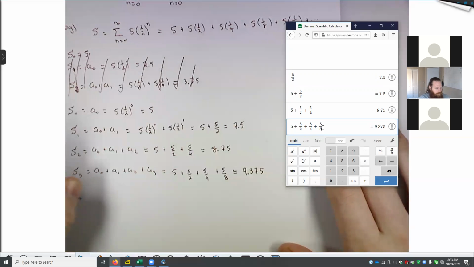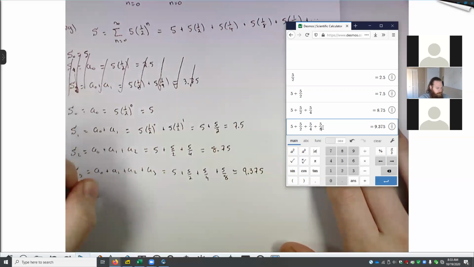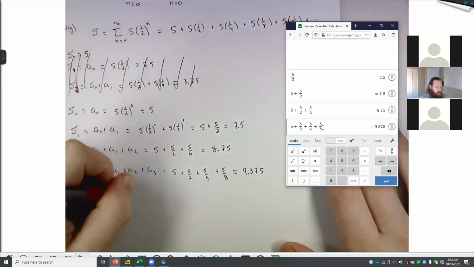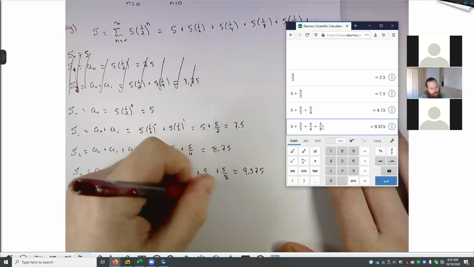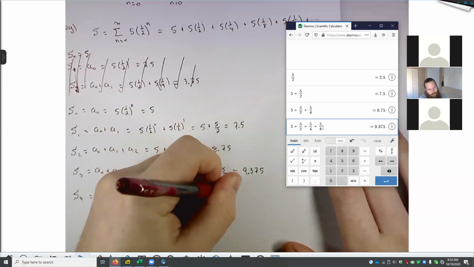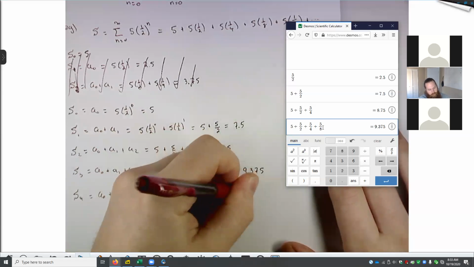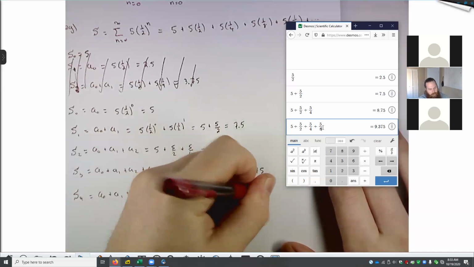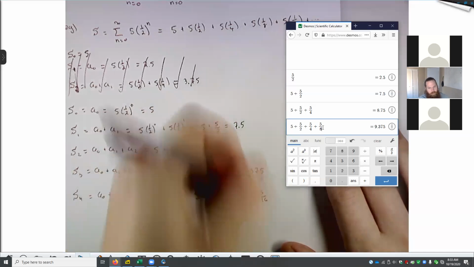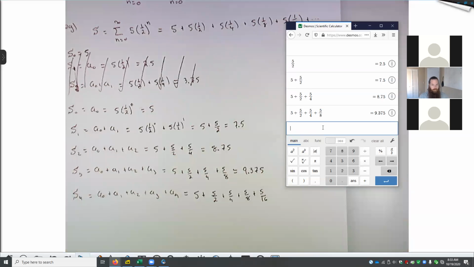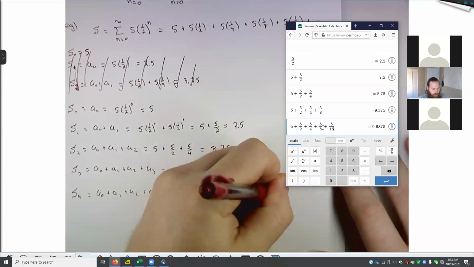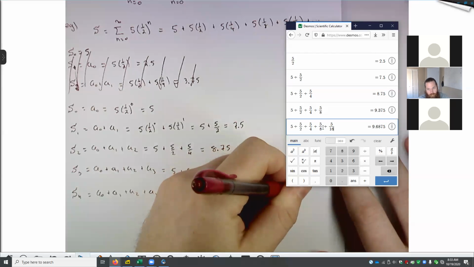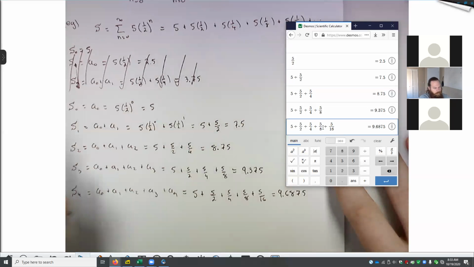Let's do one more. S4 would be A0 plus A1 plus A2 plus A3 plus A4, which would be 5 plus 5 halves plus 5 fourths plus 5 eighths plus 5 times 1/2 to the 4, which is 5/16. Which is 9.6875. Maybe we'll do one more.